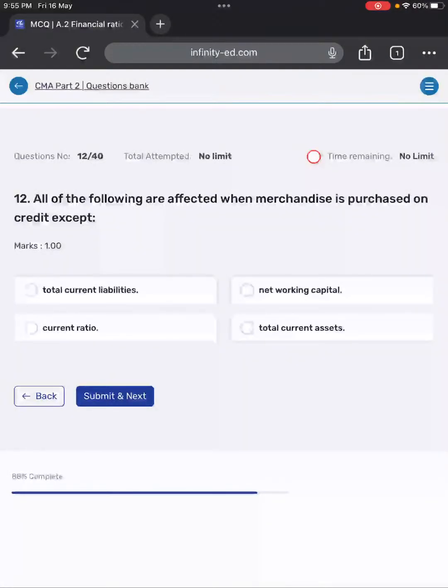Now, all of the following are affected when merchandise is purchased on credit, except which one? Credit purchase. Total current liability will be affected, net working capital will be affected, current ratio will be affected, total current assets.